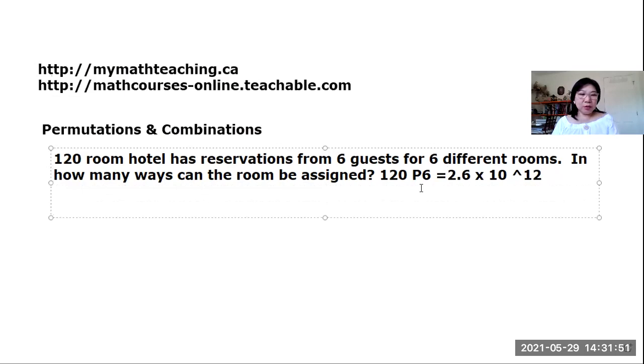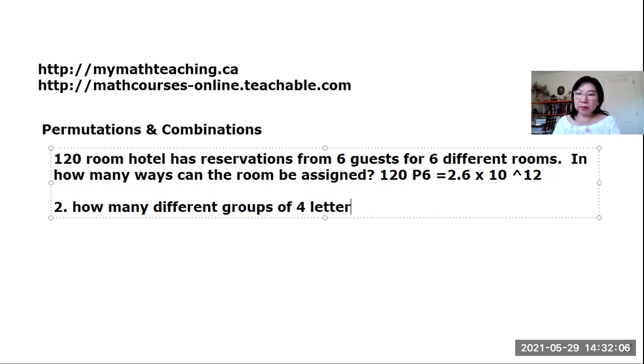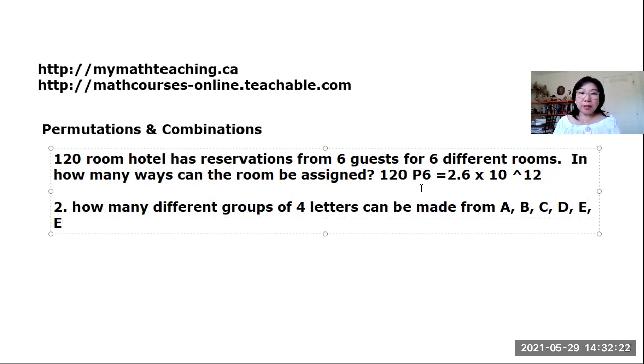Now I'm going to key in the second question. So our second question will be, how many different groups of 4 letters can be made from A, B, C, D, E, F. So there are 5 of them, A, B, C, D, E, F. Actually, 6 of them, right? 1, 2, 3, 4, 5, 6.